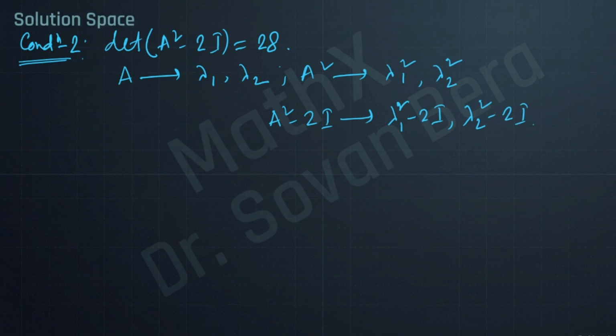Therefore, determinant is the product of eigenvalues. We know that determinant of A square minus 2I equals 28.